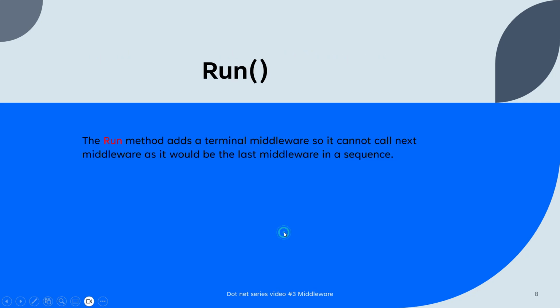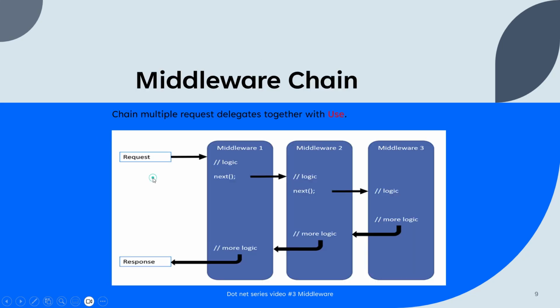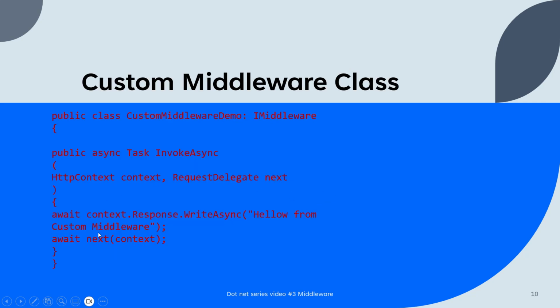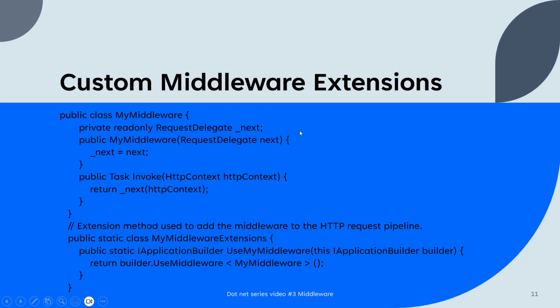You need to add the run command as we already discussed. It's a short-circuiting middleware. After this, no middleware will get executed. Once this executes, it will finish the pipeline logic. So the middleware chain is something like that by using the use method.